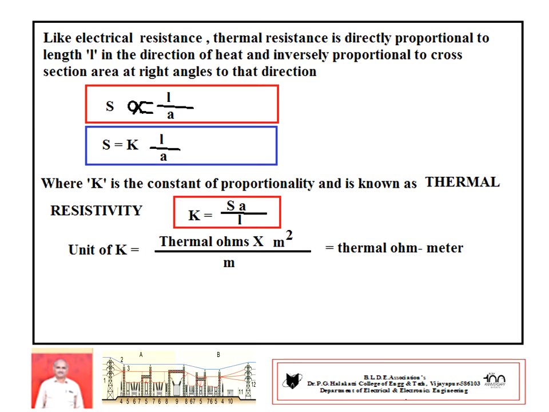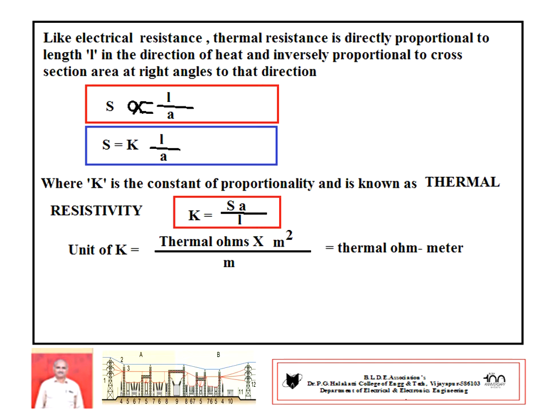Like electrical resistance, thermal resistance is directly proportional to the length in the direction of heat flow and inversely proportional to the cross-sectional area at right angles to that direction. Then we may write S equals K into L by A, where K is the proportionality constant, referred to as thermal resistivity.